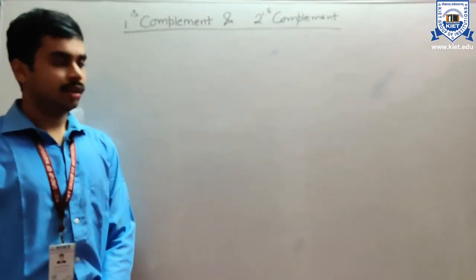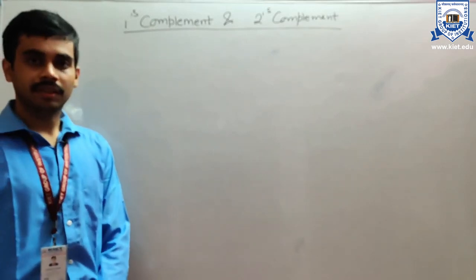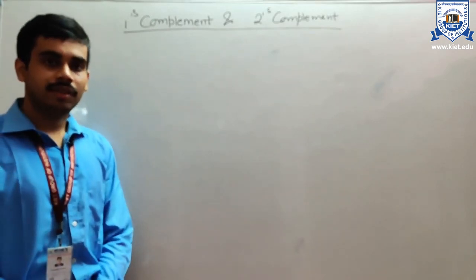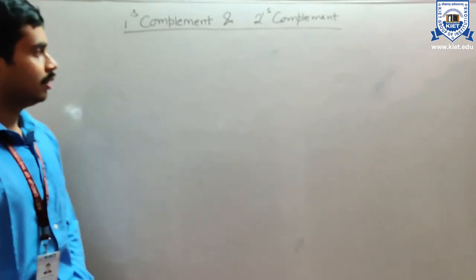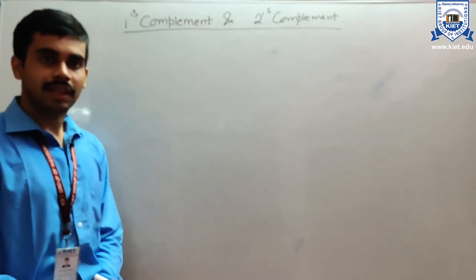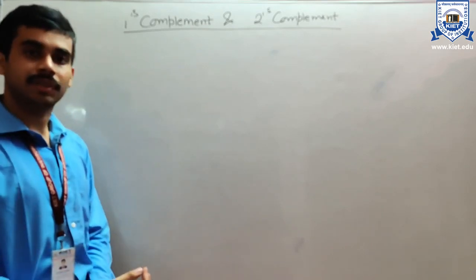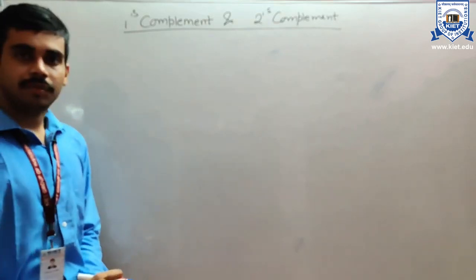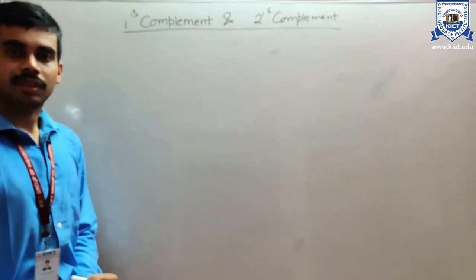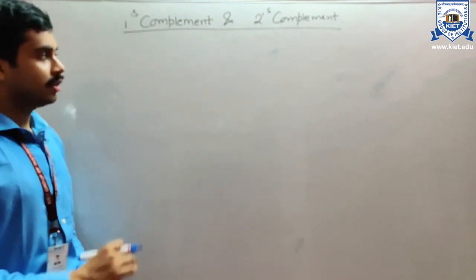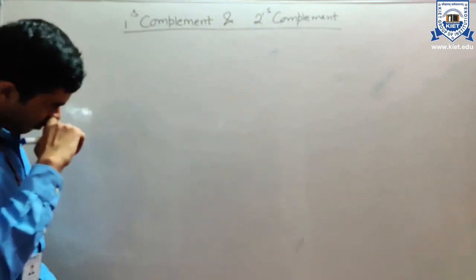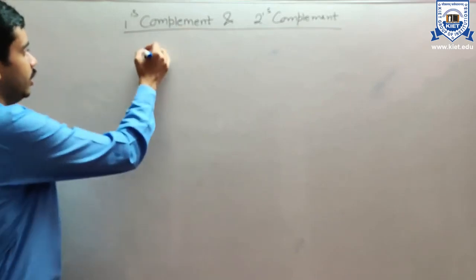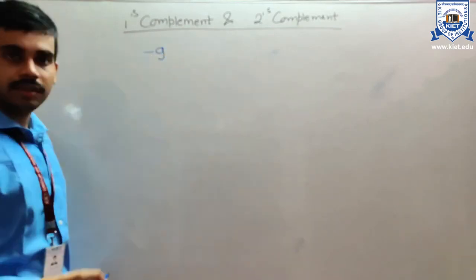Now when we know how to calculate 1's and 2's complement, we should know why we are calculating it. In general, I told you earlier that if you want to represent some negative number, then we use this type of representation. So how will we represent our negative number in this complement? First, let's consider we have to represent minus 9.